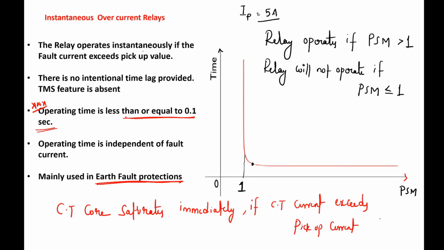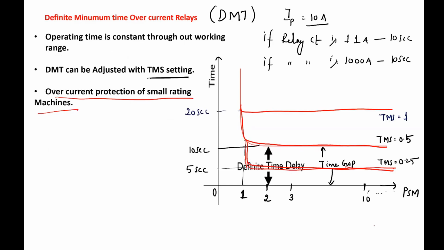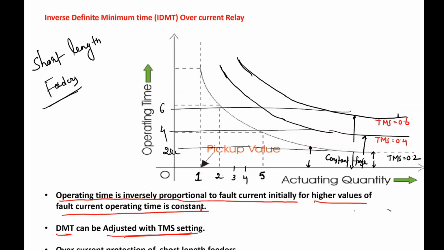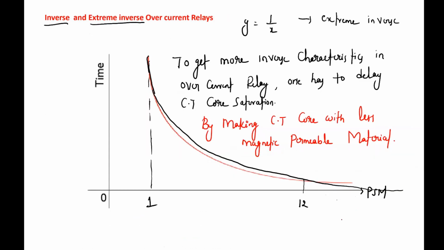That means once the current through the secondary of CT exceeds the pickup value, immediately the core saturation should happen. Then the operating time will be the same, whatever may be the current. Same is the case for DMT relays. Whereas in IDMT, inverse and extreme inverse, you are delaying the core saturation to get more inverse characteristics. Understand?